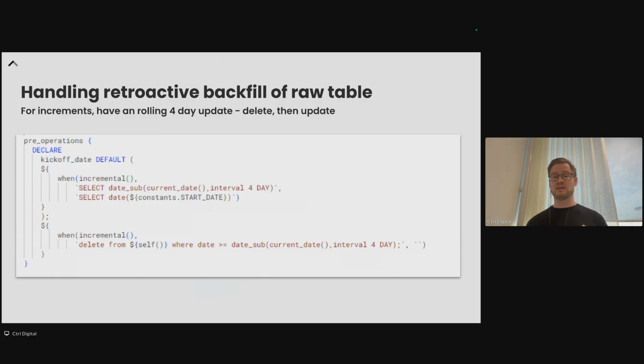Today, when we run and update our queries, we don't want to update 2 years of data. That will be incredibly expensive. We could just update the last 4 days every day. And Dataform handles that really nicely with what they call incremental tables, and there are several options for it. We will look more at that in the demo.